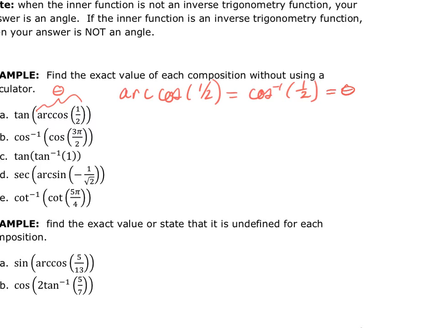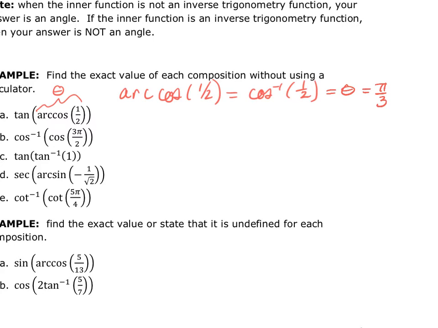Now cosine is defined only in quadrants 1 and 2 for its inverse. So only in quadrants 1 and 2, which angle has an answer in the x part of 1/2. So that means this inner function is equal to pi over 3.